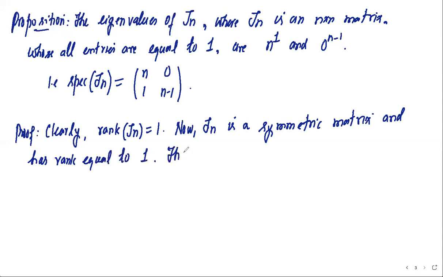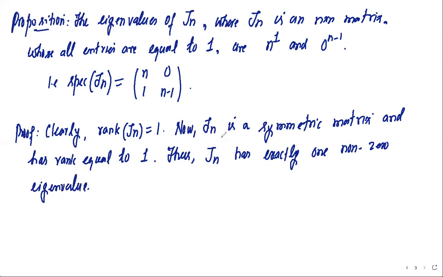So thus Jn has exactly one non-zero eigenvalue. In fact, here we don't need the symmetric property of Jn, just that the rank of Jn is equal to 1 itself guarantees that there is exactly one non-zero eigenvalue.